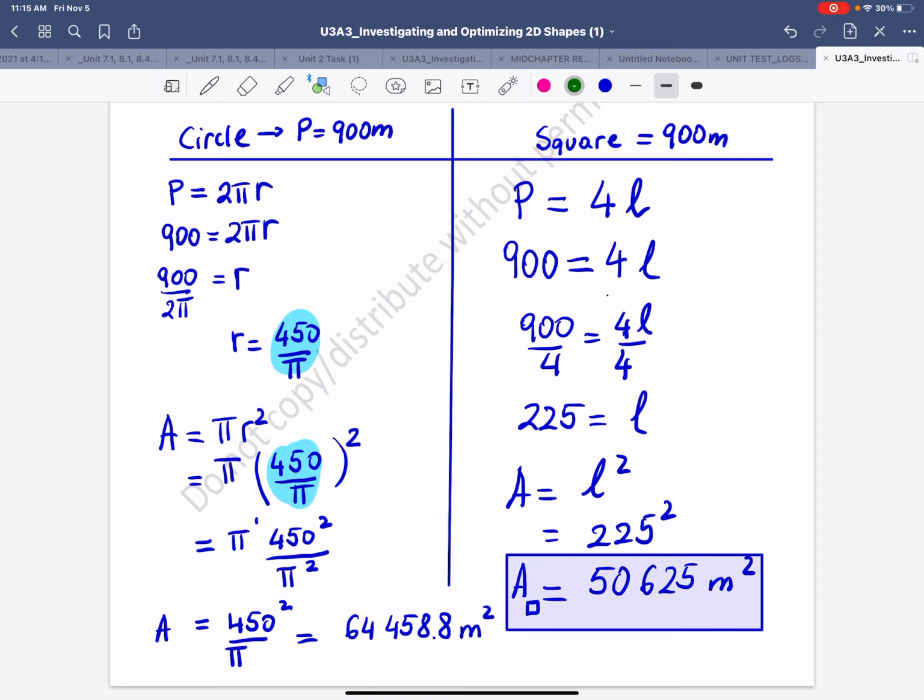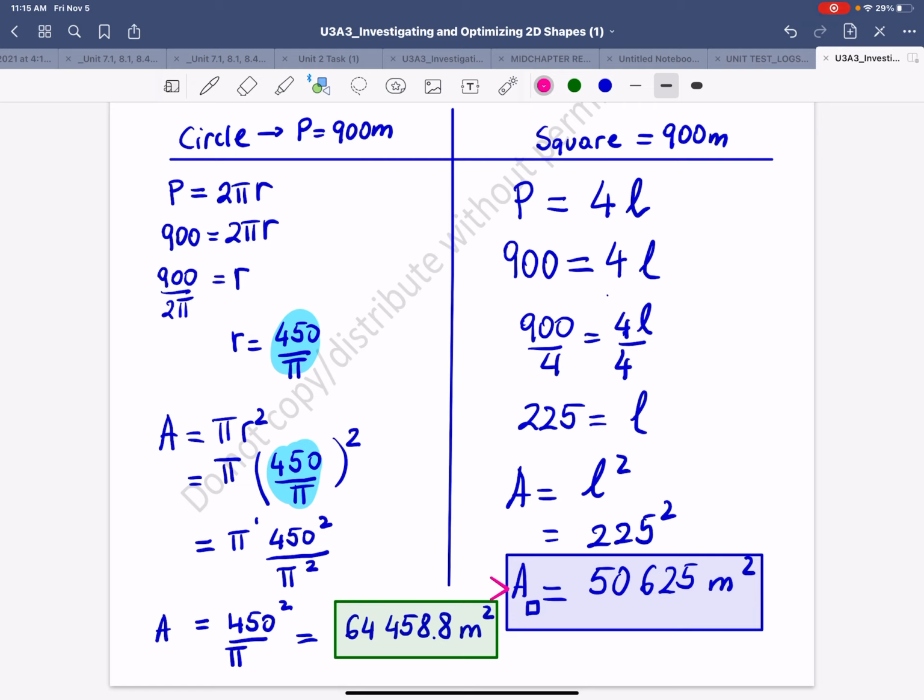The area of the circle with a perimeter of 900 meters will be 64,458.8. So as you can see, the area of the circle ended up being bigger than the area of the square. Was that your prediction?